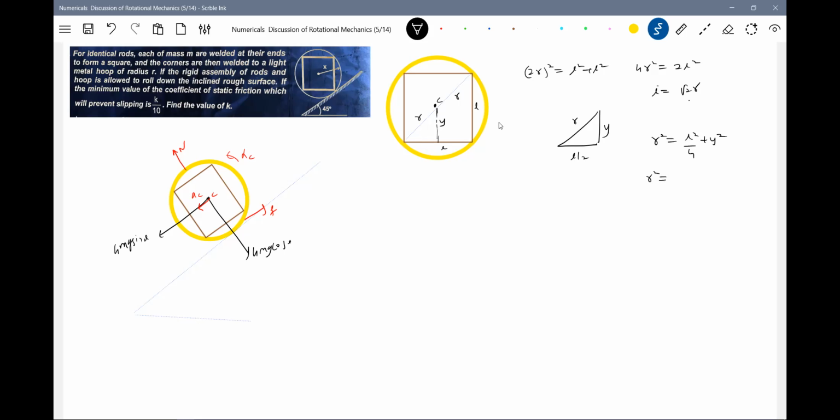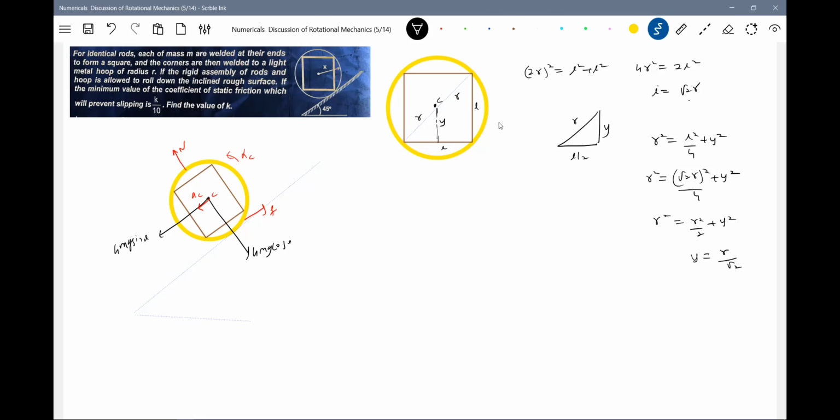L is root 2 R, whole square by 4, plus Y square. So R square equals R square by 2 plus Y square. So Y is equal to R by root 2.